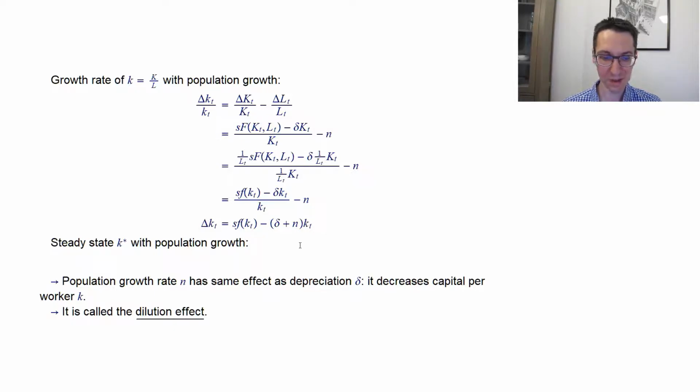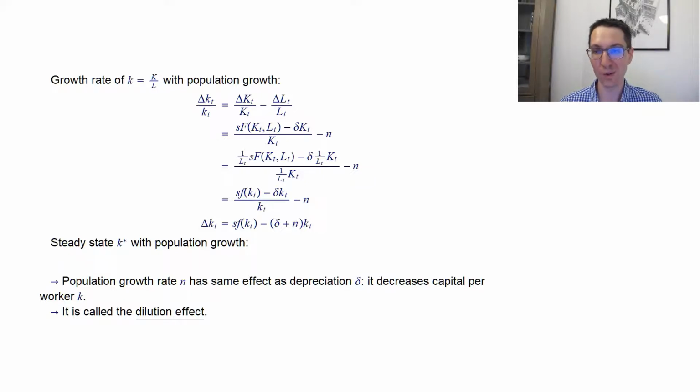If you observe well, you can see that this is really similar to what we had before. Before we had delta capital K_t equal to s capital F of K_t minus depreciation times K_t. And now the only difference is that n has appeared here. It looks strange: population increases, and it looks like it's decreasing capital growth.